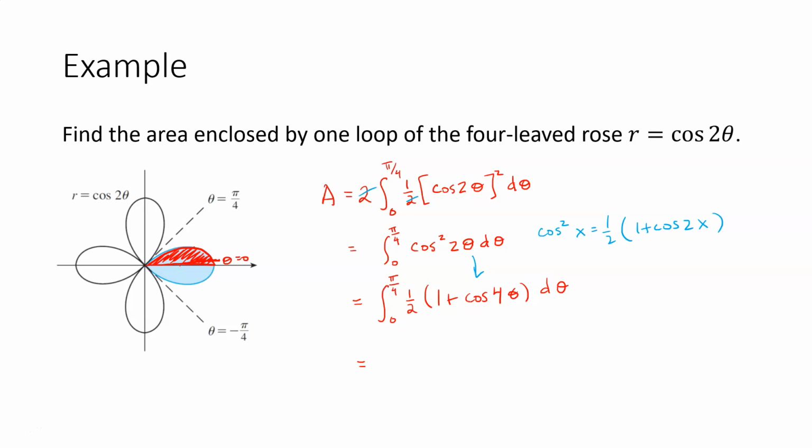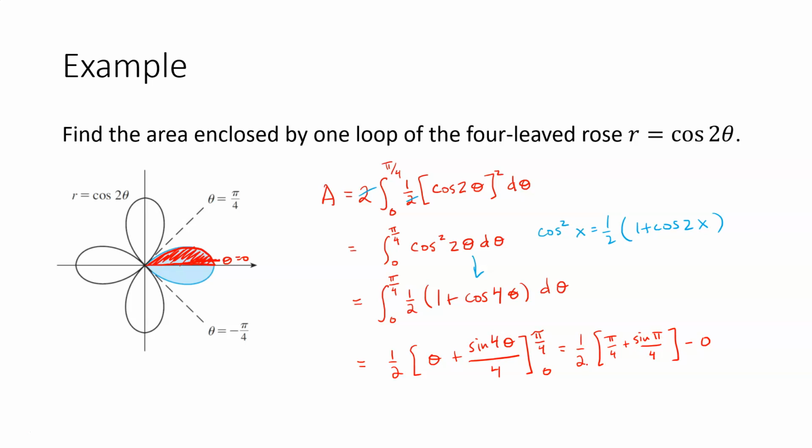And now integrating this, we get theta plus sine of 4 theta over 4. And then we'll evaluate from 0 to pi over 4. And that will give me pi over 4 plus sine of 4 times pi over 4, which is sine of pi, all over 4. And then notice when I evaluate it at 0, we get sine of 0, so it's just minus 0.